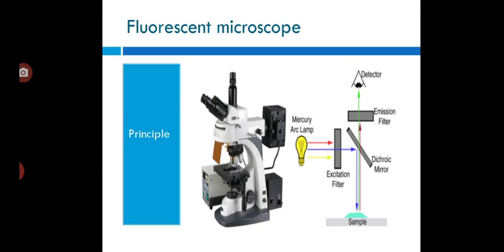Coming to the principle of fluorescent microscope, most cellular components are colorless and cannot be clearly distinguished under a microscope. The basic premise of fluorescence microscopy is to stain the components with dyes.